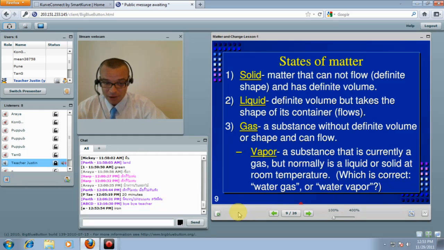Iron, yeah, iron. In certain forms, at certain temperatures, iron, yeah, like if you've got an iron table, it's a solid. Any more? What are you working on now?